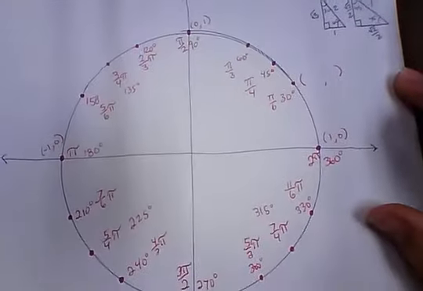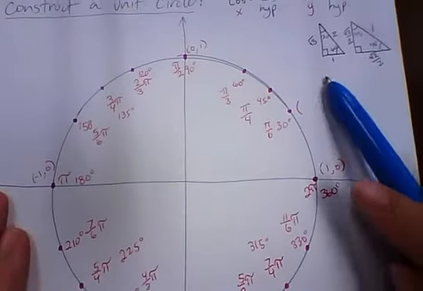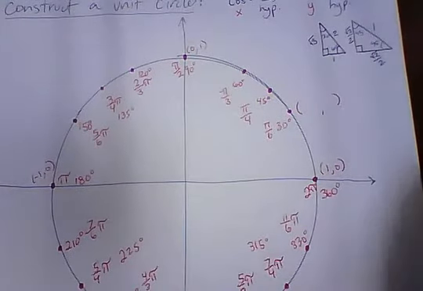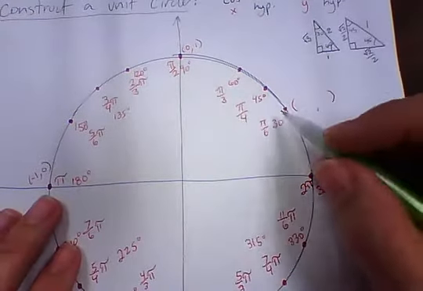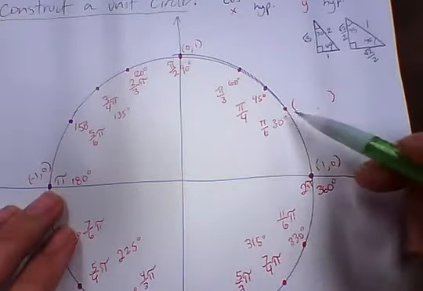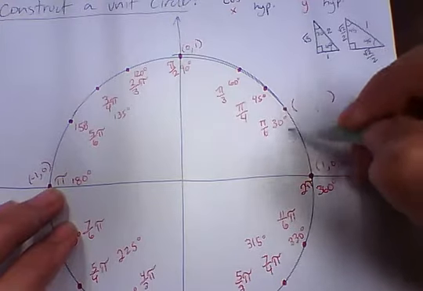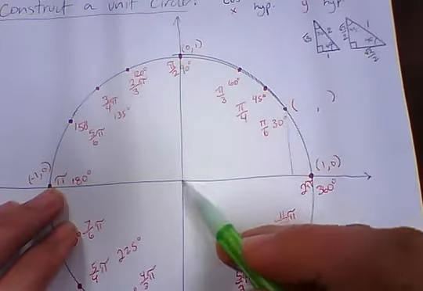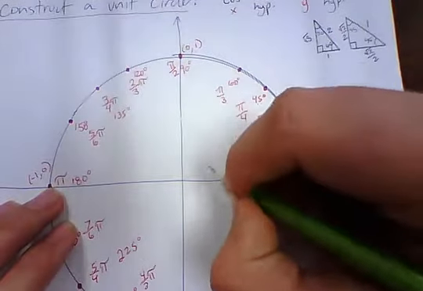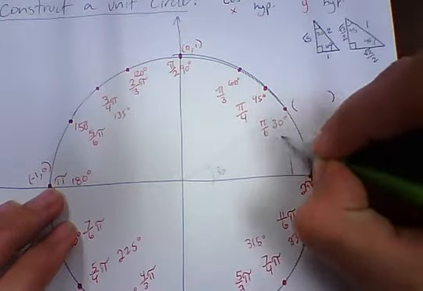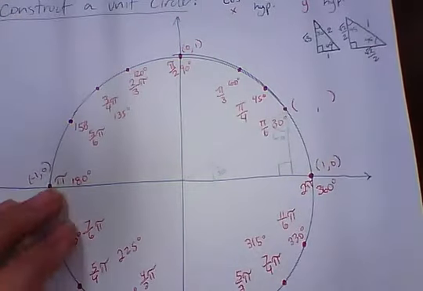Okay. Now we're going to use those to help us. We can create these triangles. I'm going to use a pencil and then I'm going to erase. We can create right here at our first point, you guessed it, a 30, 60, 90 triangle. How cool.